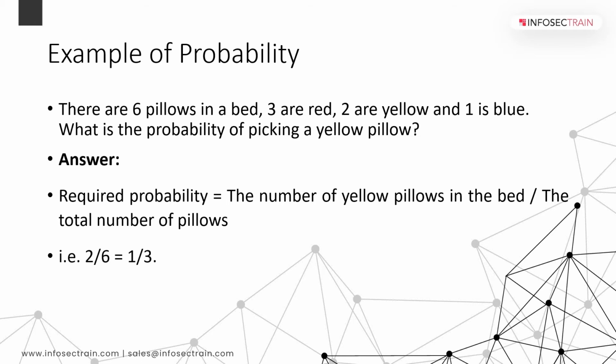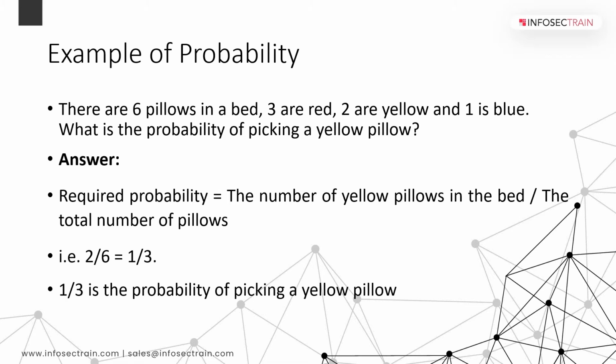So the answer is 2 divided by 6, which is equal to 1 divided by 3, and it's simply 0.33. So 1 by 3 is the probability of picking a yellow pillow.